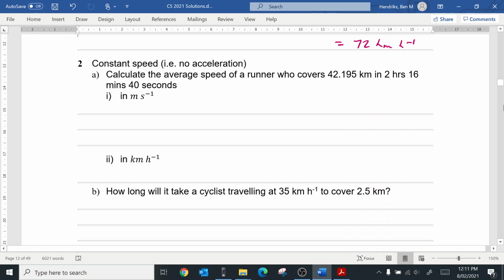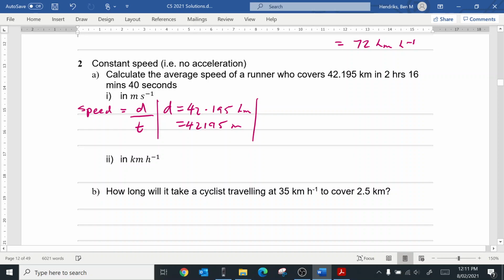To work out the average speed, speed is equal to distance over time. We know the distance is 42.195 kilometers, but I want that in meters, so we need to multiply by 1,000. So it's 42,195 meters.